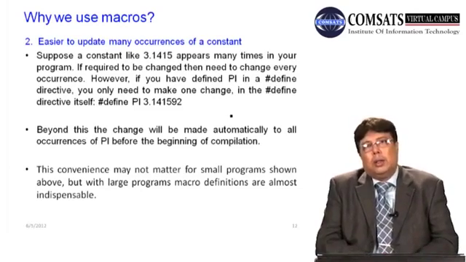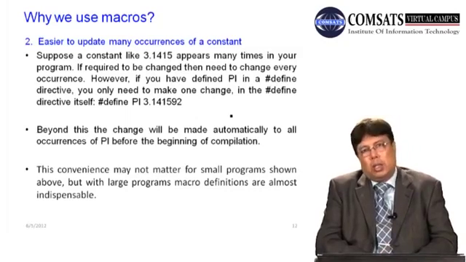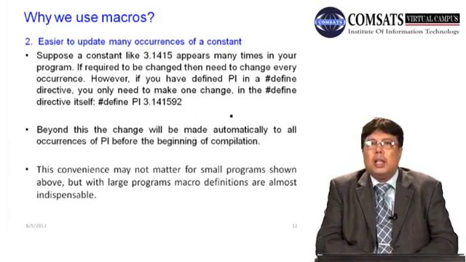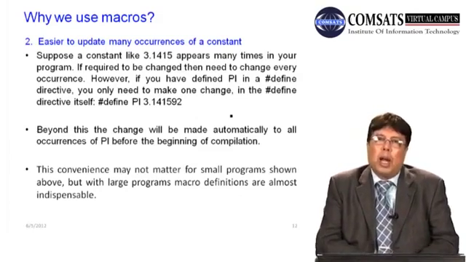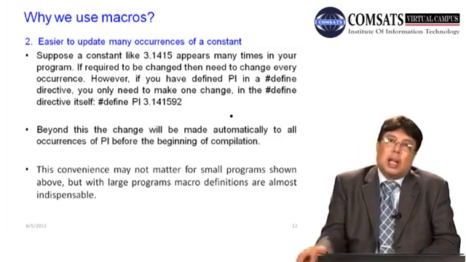You will replace it in every place where you have used the loop variable as a constant. But if you have defined it with a macro, with a define directive, you will just make one single change and the occurrence of it in every place of your program will automatically be updated. So this is a convenience.